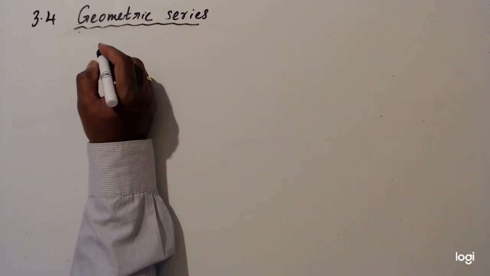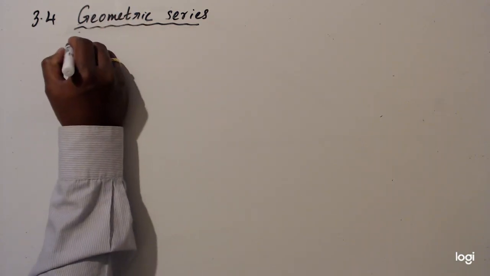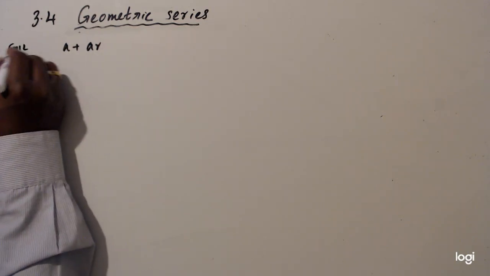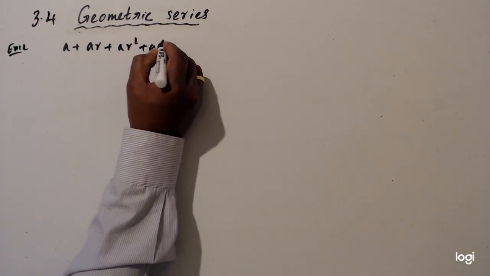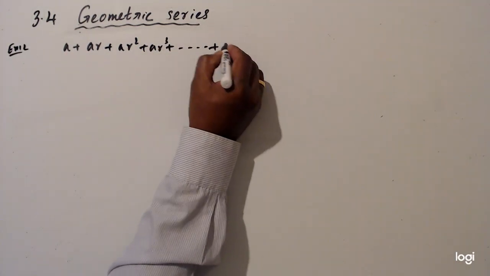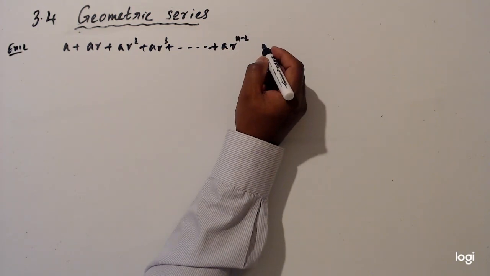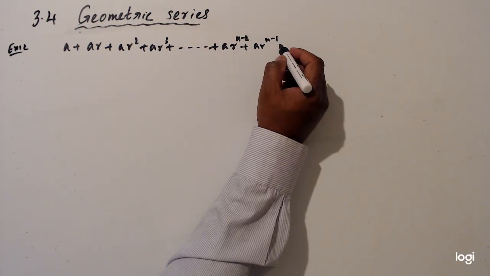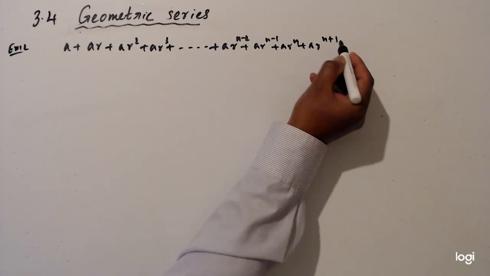And now we work out this equation with the standard notation. A plus AR, actually this is example 12. AR^2, AR^3 plus dot dot, and AR^(n minus 2), AR^(n minus 1), AR^n, AR^(n plus 1) plus dot dot.